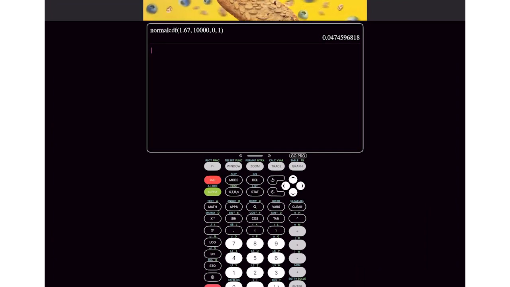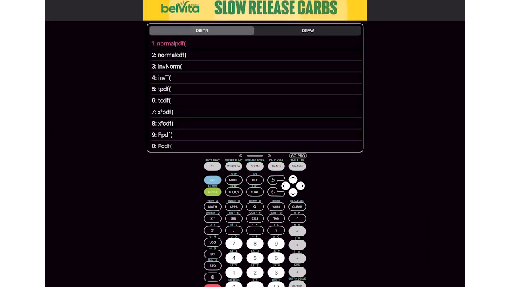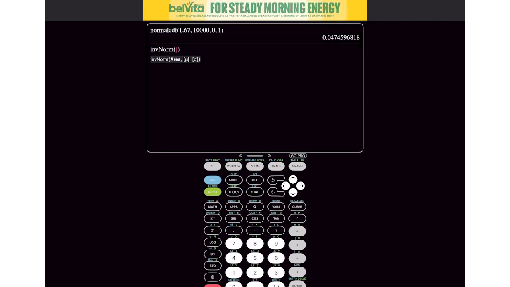So what I need to do is go to my calculator, and I'm going to go to second vars, and this time I'm picking number 3, inverse norm. And we type in the area, which is 0.9. Okay, now remember, if they said bottom 10% or lowest 10%, then you would actually type in 0.1. But since it's the top 10%, you're in the 90th percentile. And then my mean is going to stay 0. Let me do that again.